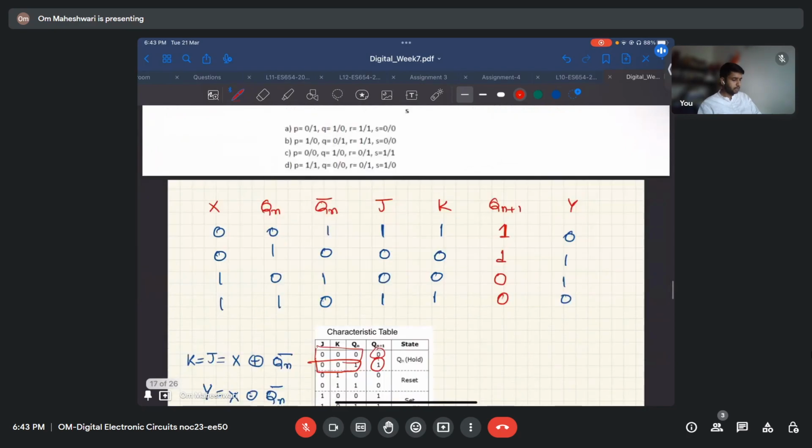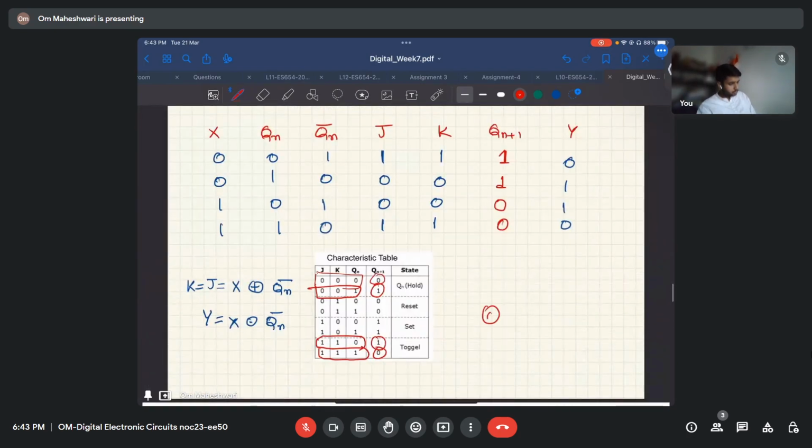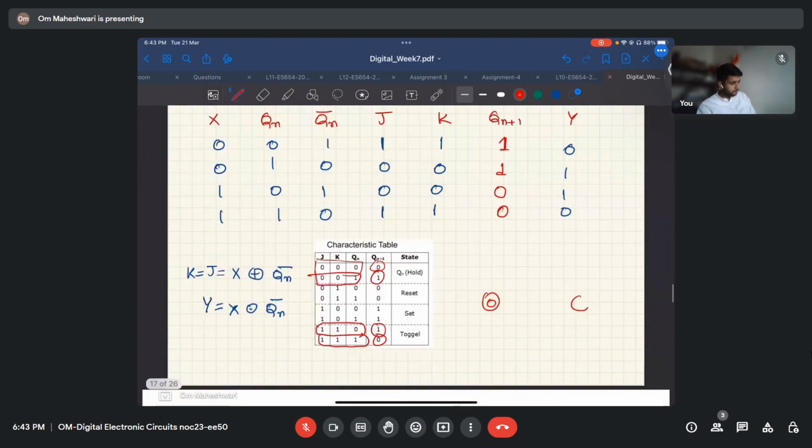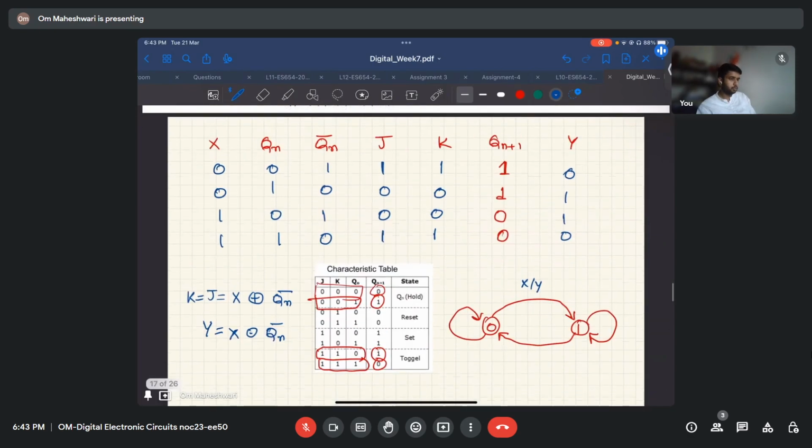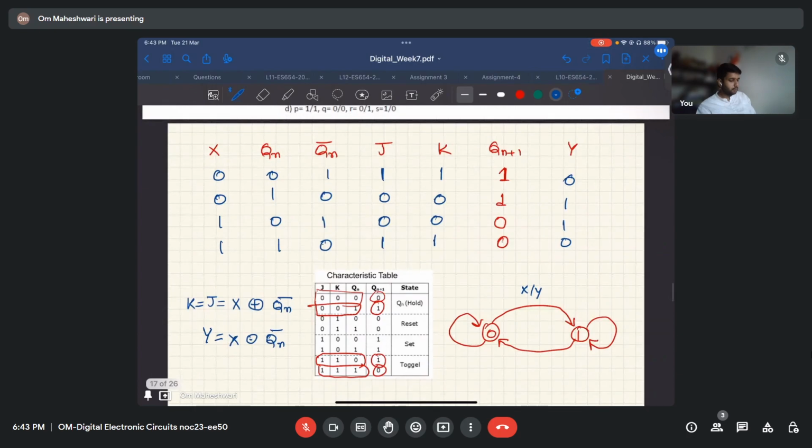Now let us see the given state diagram also. 0, 1. So here we always write x upon y. It is input and input to output.